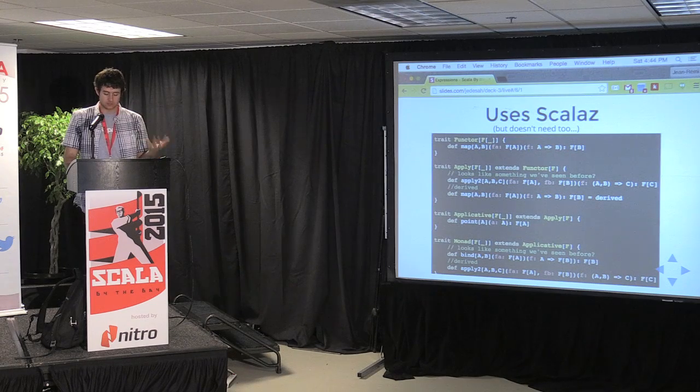Scalaz defines functor and apply and applicative and monad. Basically what we're doing is we desugar the code within the macro to use apply to, map, point, bind, all these functions. And we're very careful to use the weakest method that we actually need.